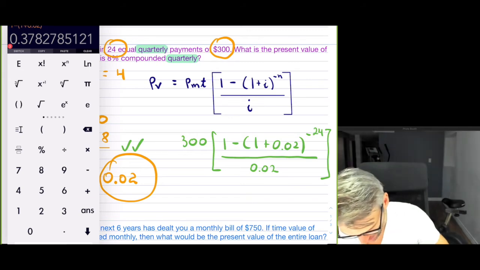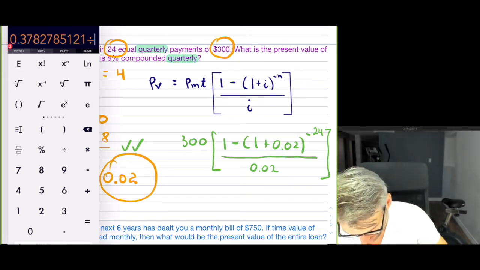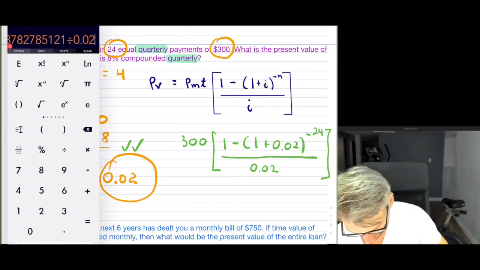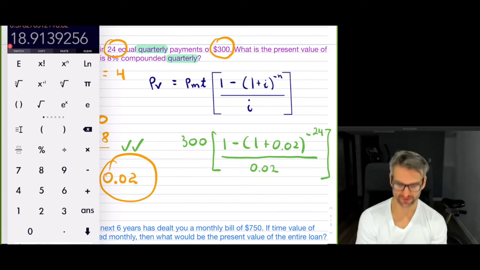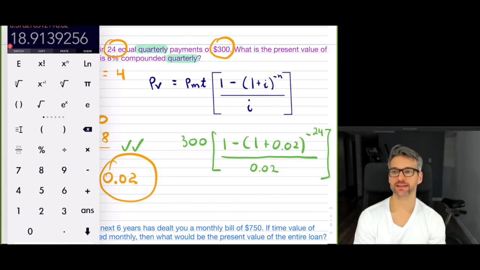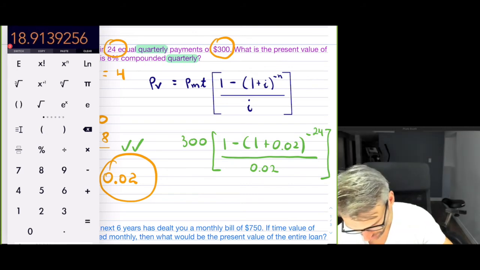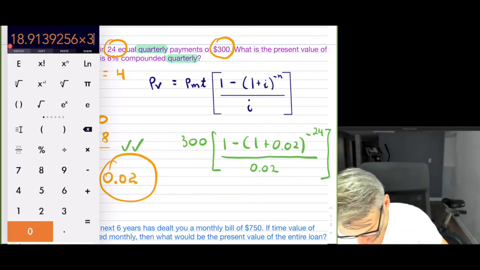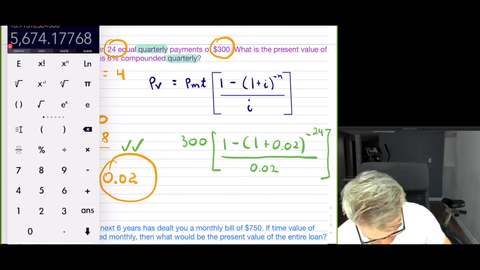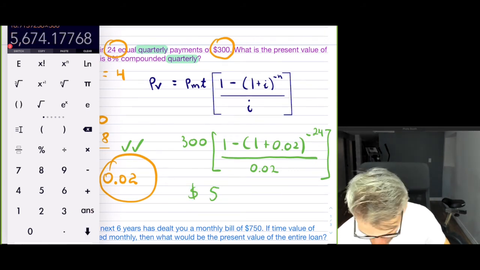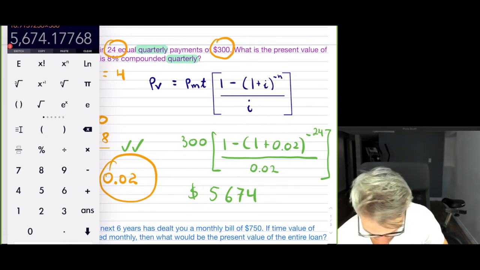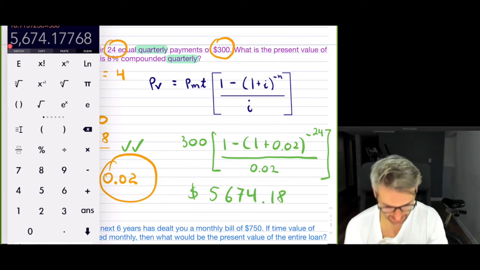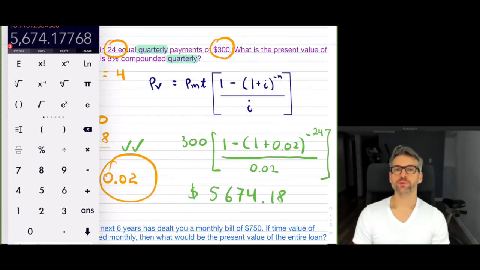Now you're going to take your answer and divide by the denominator. So it's about 18.9 and so on. And then finally, don't forget to multiply by your payments. And that will give us 5,674.18. That would be your present value.